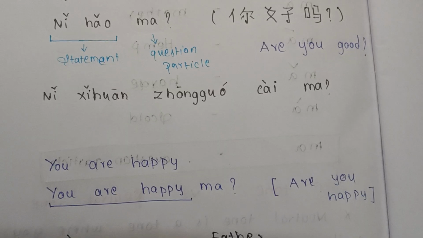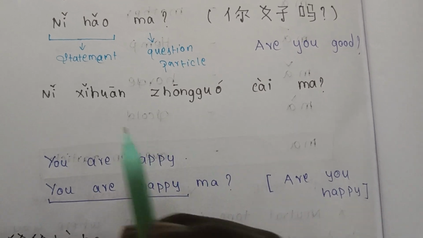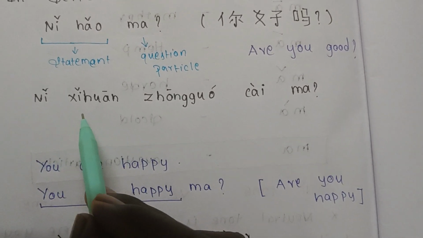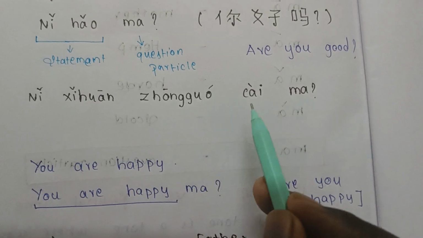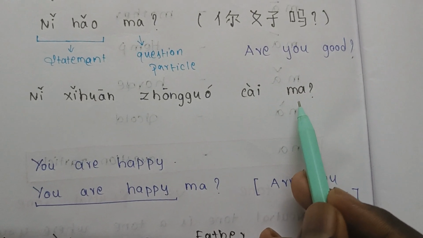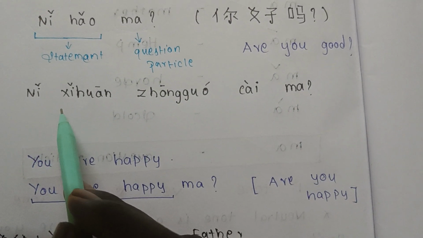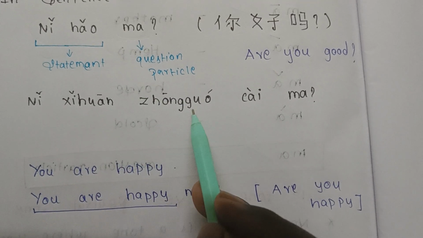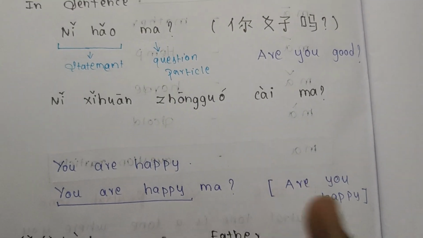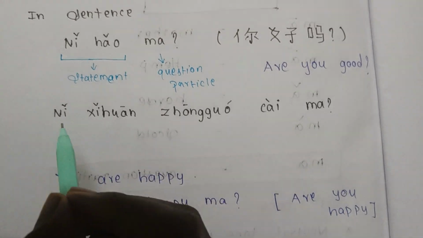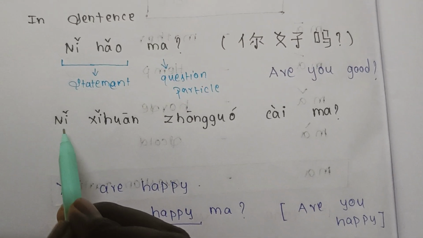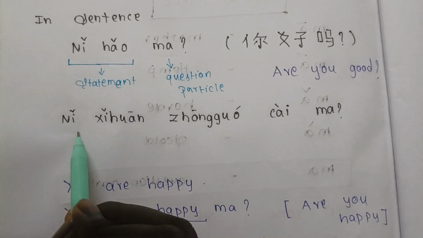Okay. If we move to the second example, ni xi huan chang hua kai ma. Listen. I'm going to break down these letters. See, ni. This is the third tone.